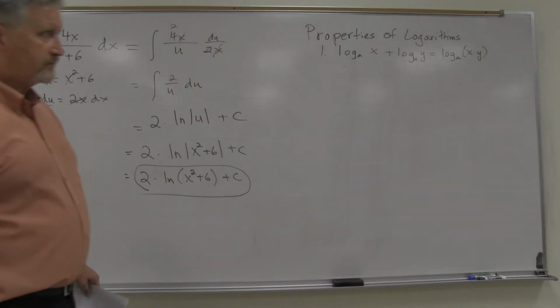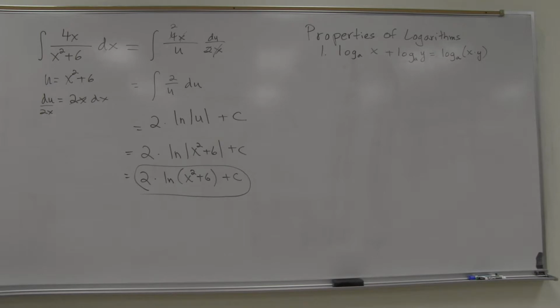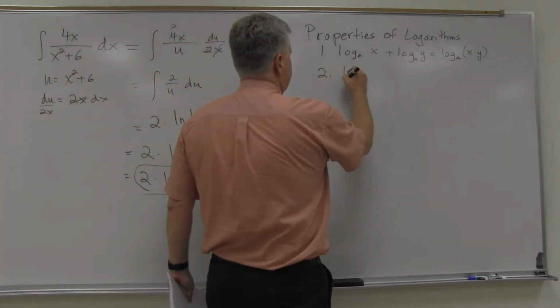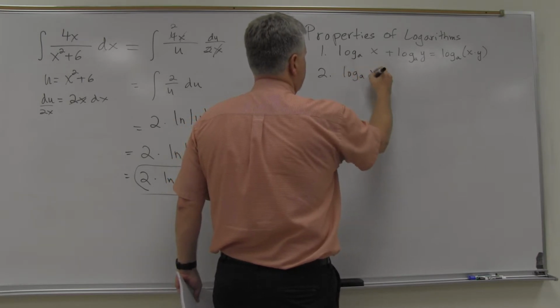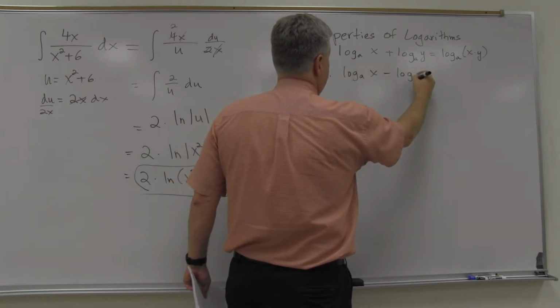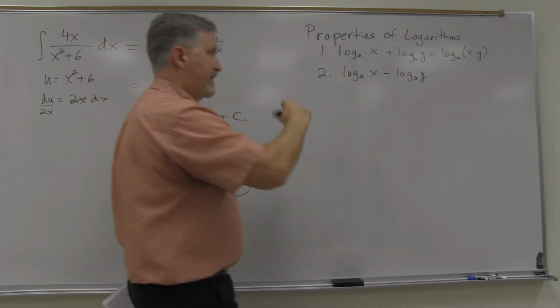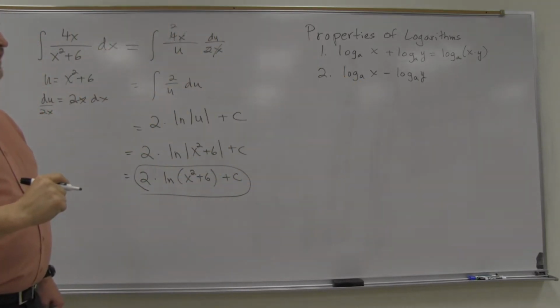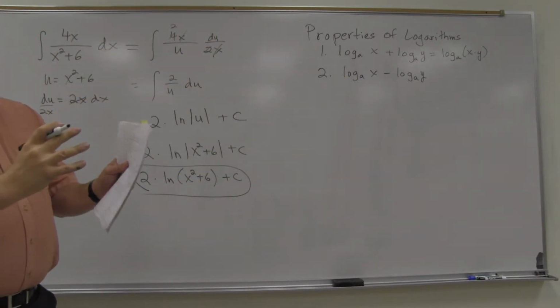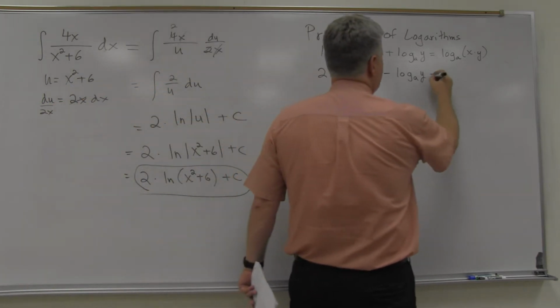So a log plus a log, same base, can come together by multiplying the inside parts. If you have subtraction, log base a of x minus log base a of y, they come together as division.